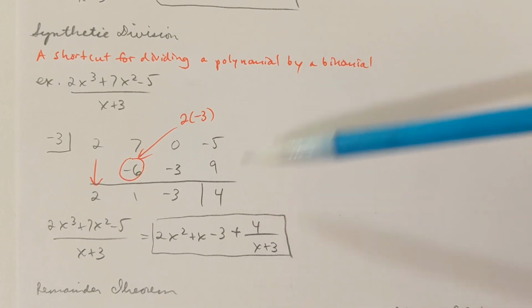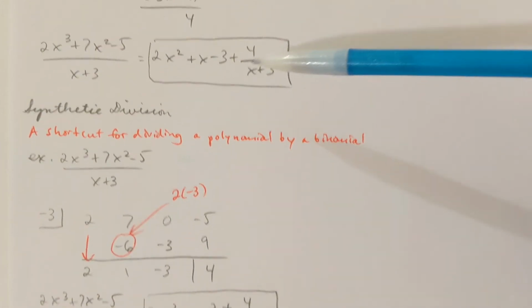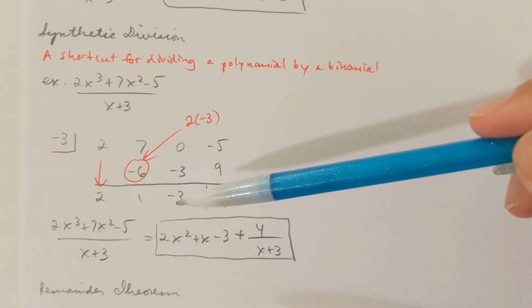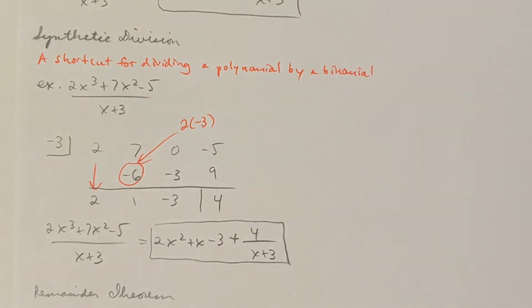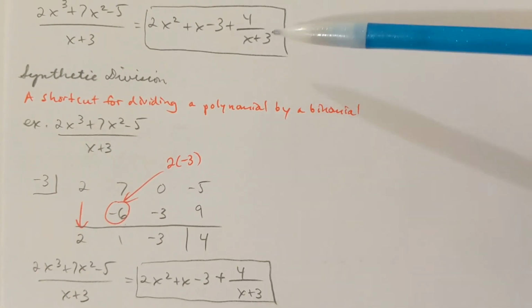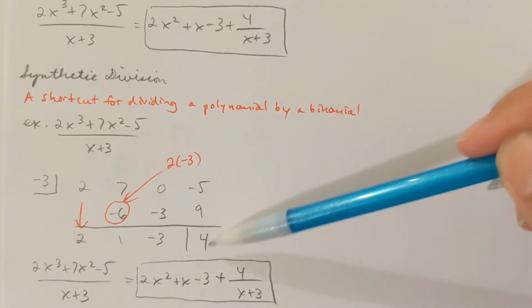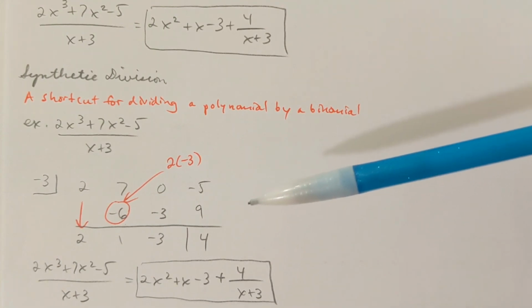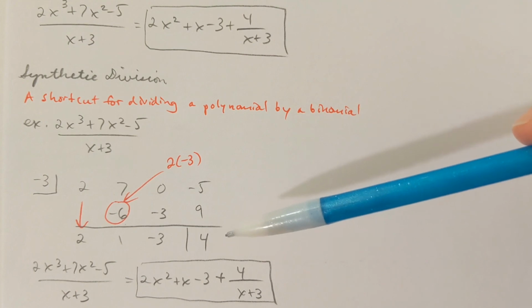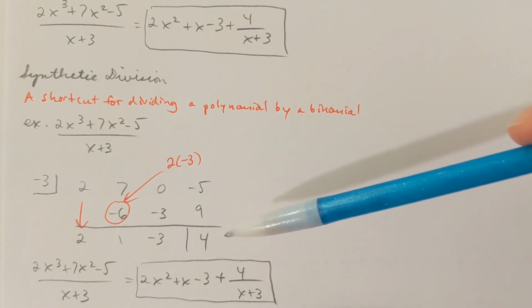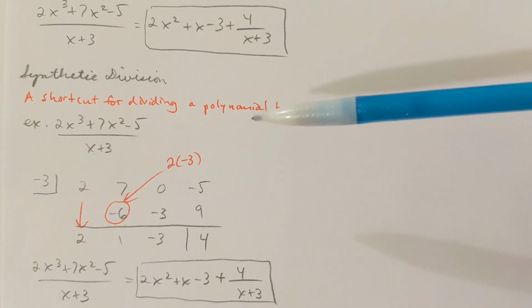Okay, and that's exactly what I get when I simplify here. So 2x cubed plus 7x squared minus 5 divided by x plus 3 gives me 2x squared plus x minus 3 plus 4 as the remainder. Usually we have a line by 4, or by the remainder.